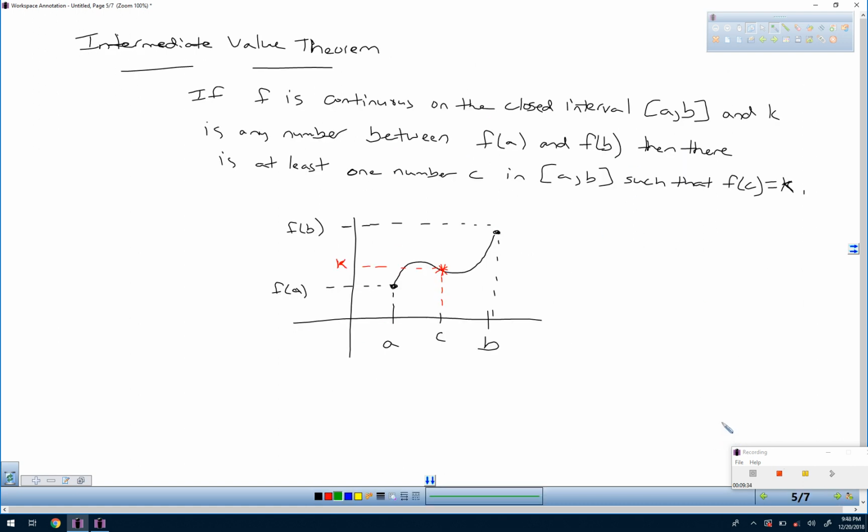Now, one very important thing about continuity is something called the intermediate value theorem. And it's a very self-evident theorem if you understand its premise.